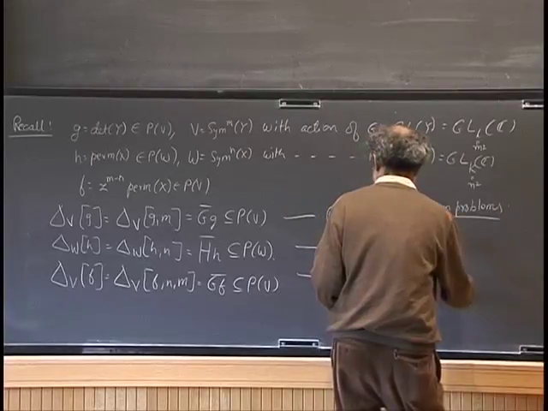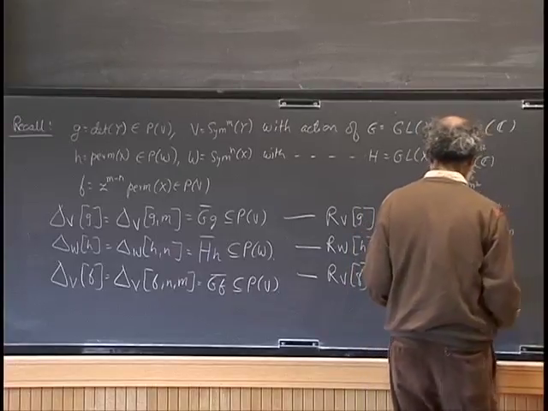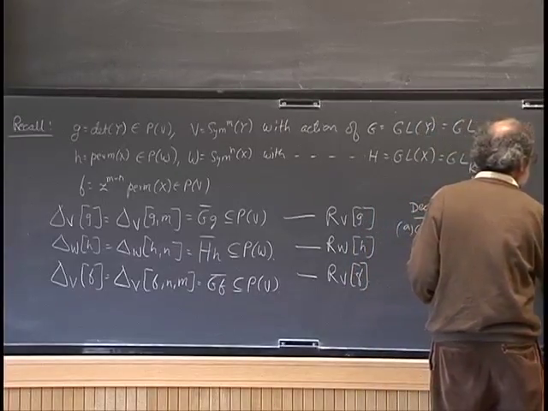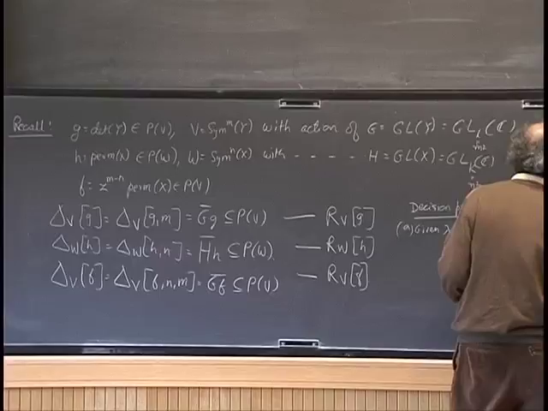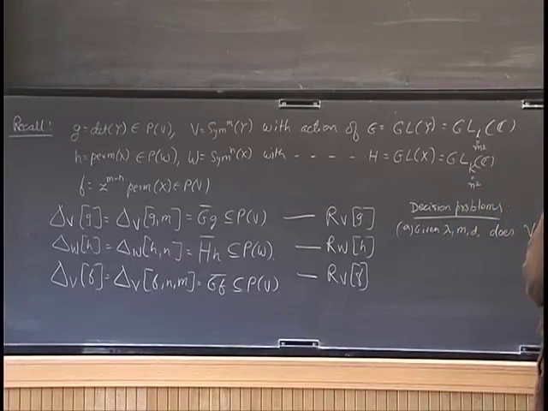given lambda, m and d, does the Weyl module V lambda G occur in R V G m star d?